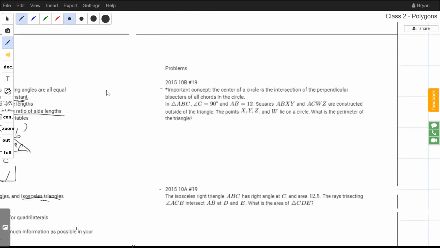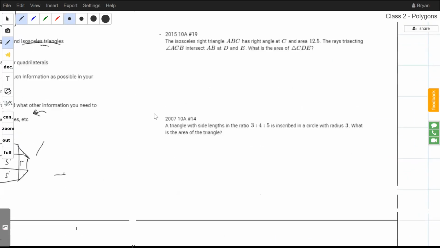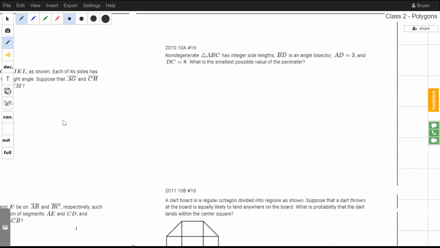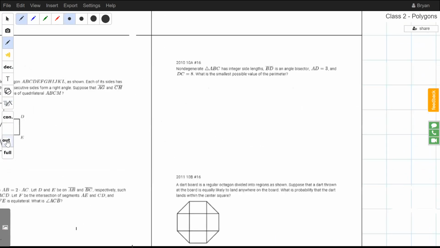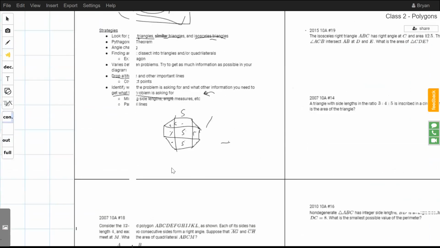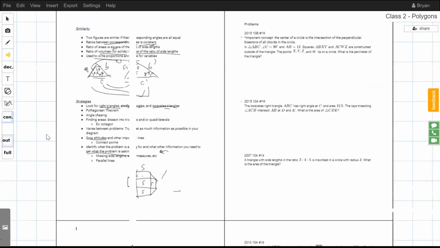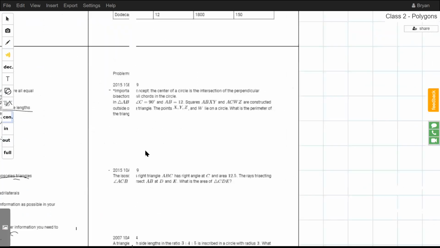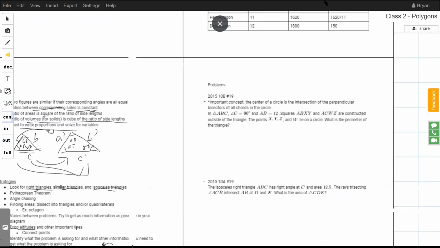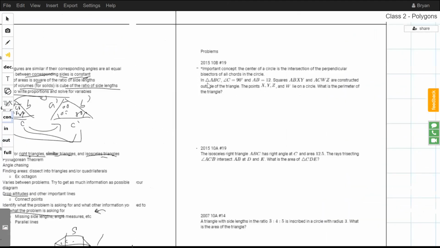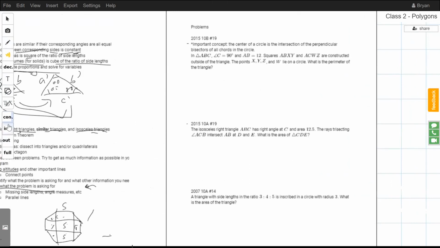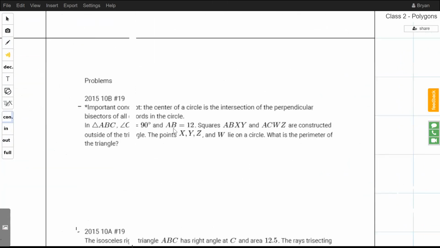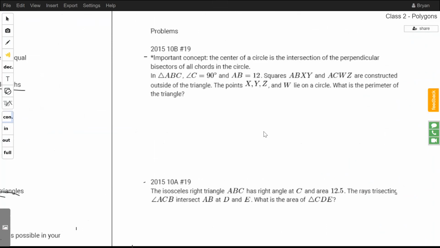But yes, if you couldn't do these two, that's totally fine. Don't feel bad about it if you didn't get it. Anyway, where was I? I think I'll just do these two harder ones with you guys at least.